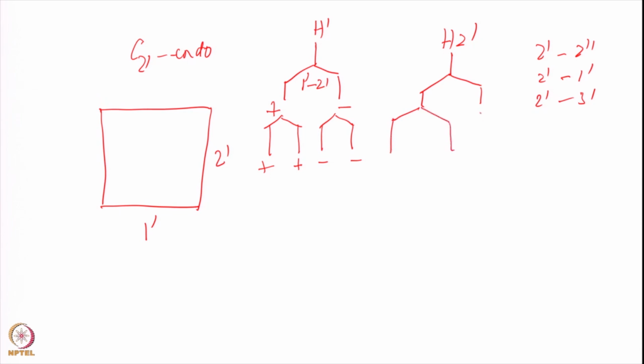Let us say this is plus because this is the passive coupling, I am writing with the plus passive coupling there. And now what is this one? So this one is my 2' to double prime, and then I will have 2', 1'. Now this is my active coupling, okay, therefore this will be plus minus. This is the 2', 1', and 2', 3' is smaller than 2', 1'. So therefore this will be again another passive coupling.